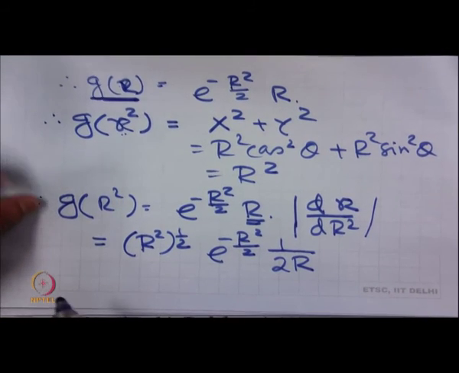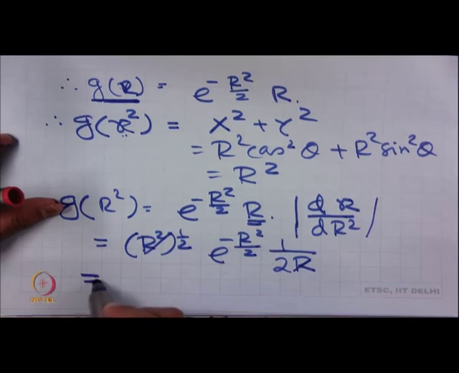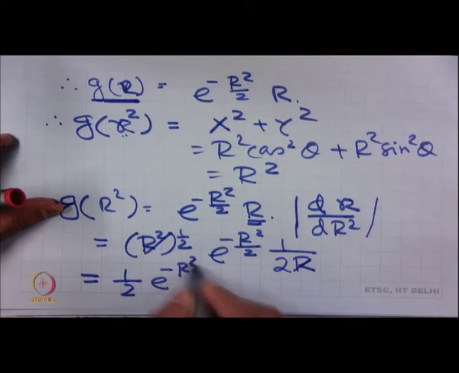So, this cancels with this, and what we get is half e to the power minus r square by 2.